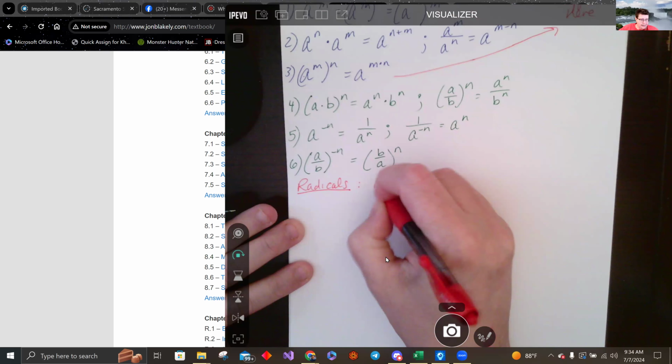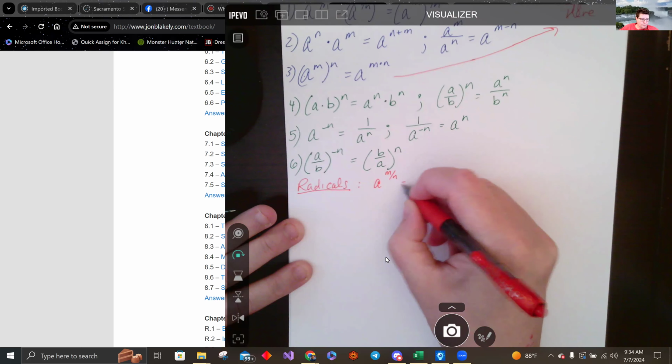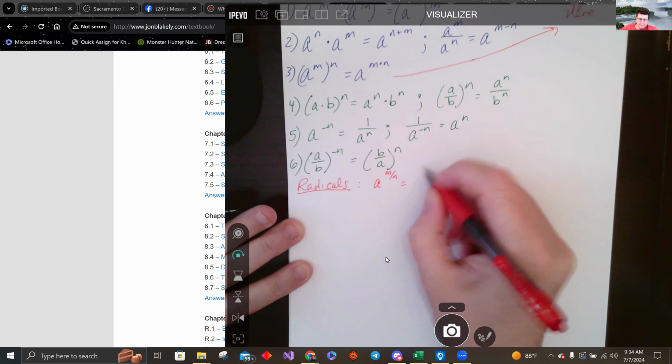So we're going to have a to the m over n. That equals, we can do it as a to the m to the 1 over n power. And this is the nth root of a to the m. Or a to the 1 over n to the mth power.